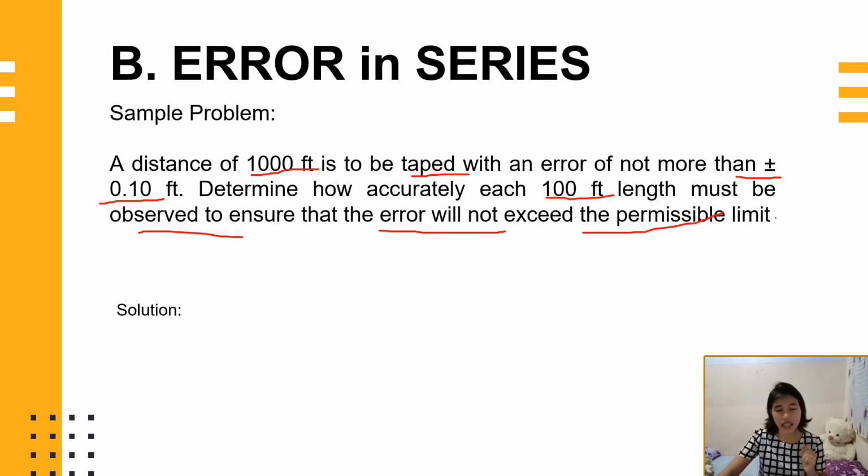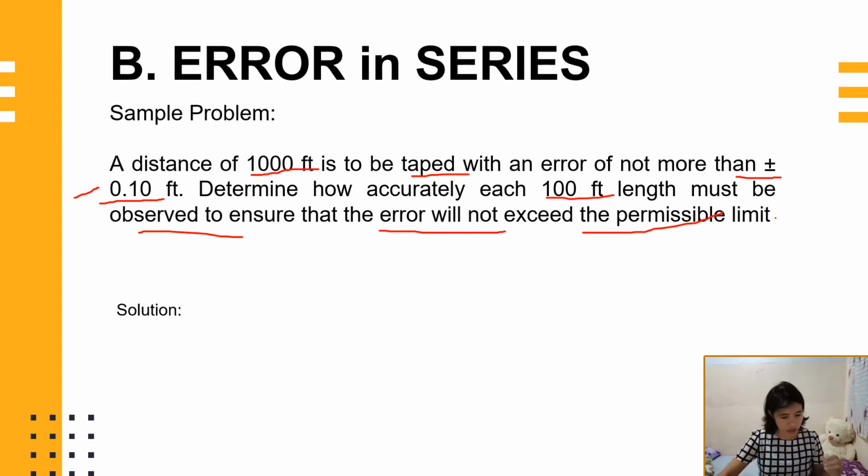So, the same lang siya, error in series, but the concept of the problem is the same. Ito kasi, meron siyang given limitation. Dapat daw, pag nagme-measure tayo ng 1,000 feet na distance, dapat yung ma-accumulate natin na total error, dapat hindi siya maglagpas ng 0.10.